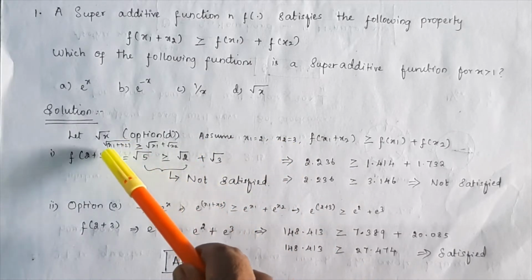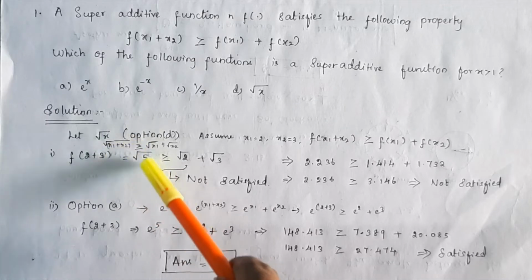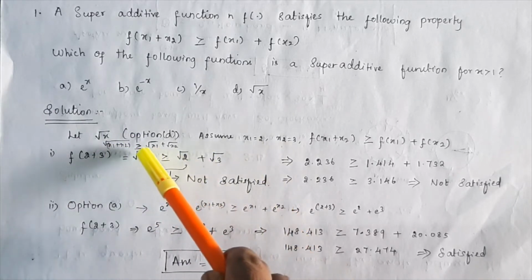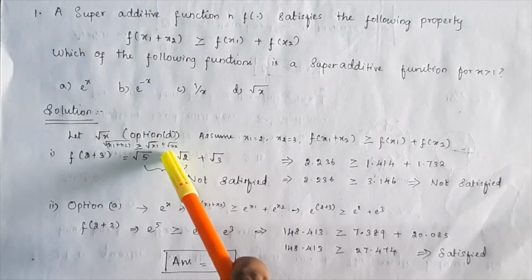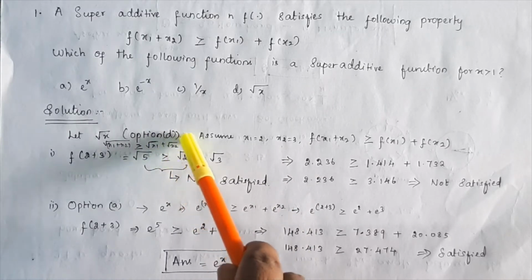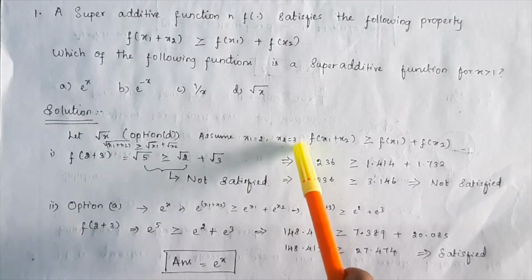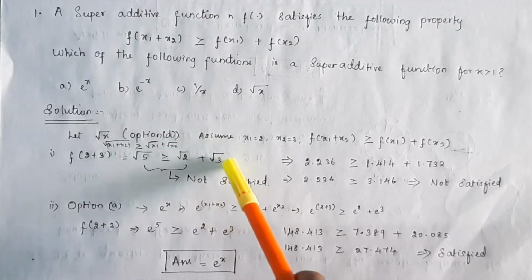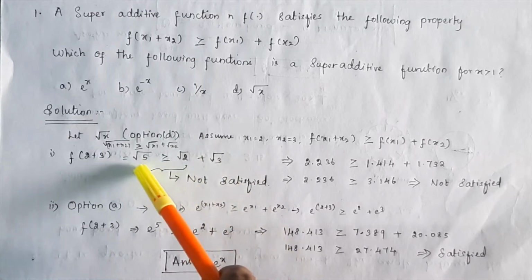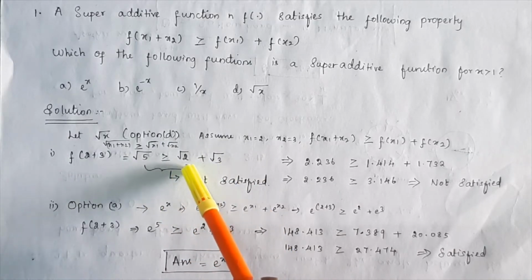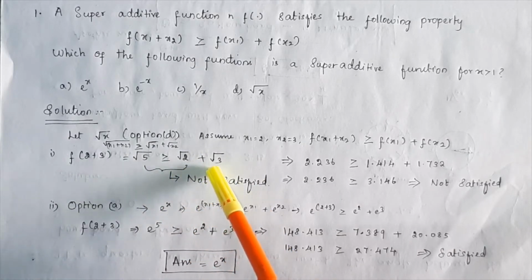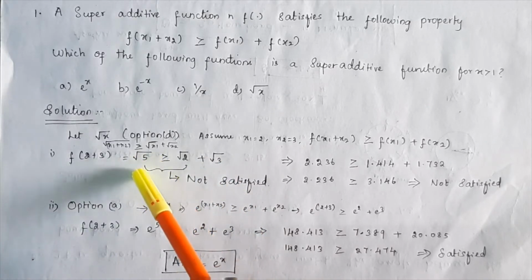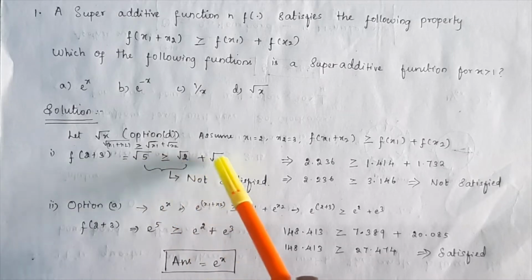Therefore it becomes 2 plus 3, that is root of 5, is greater than or equal to root 2 plus root 3. Next I'm going to substitute the values for root 5, root 2 and root 3.